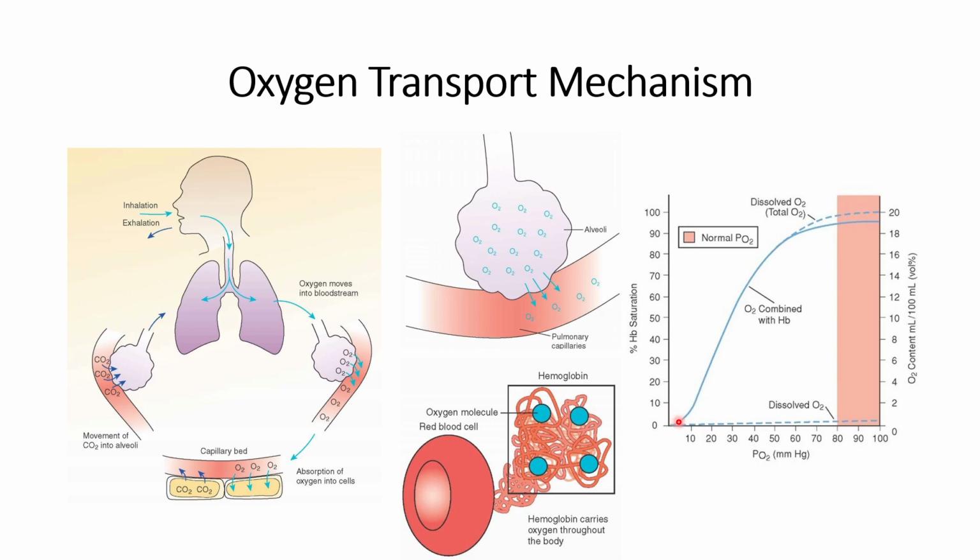So here is the plot between the partial pressure of oxygen and the percentage hemoglobin saturation. As the partial pressure increases, during the initial phase, the rate of increase in the hemoglobin saturation is very high.